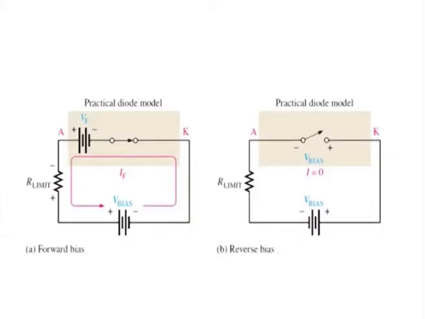The practical diode model includes the barrier potential. When the diode is forward biased, it is equivalent to a closed switch in series with a small equivalent voltage source equal to the barrier potential, that is 0.7 volt with the positive side towards the anode as indicated.